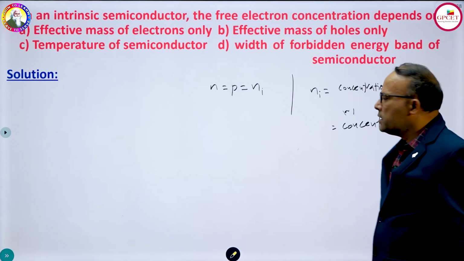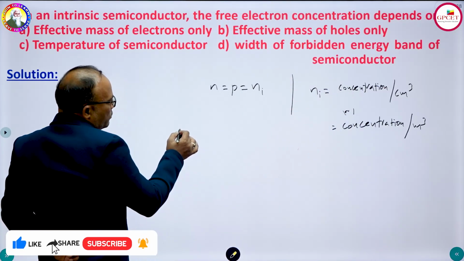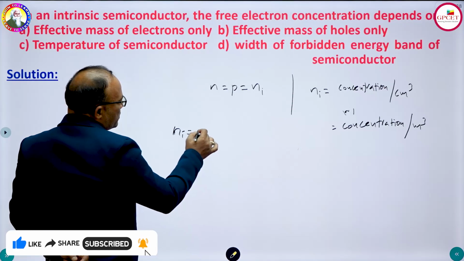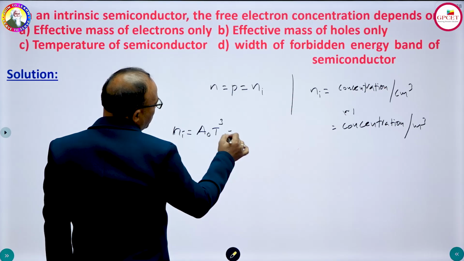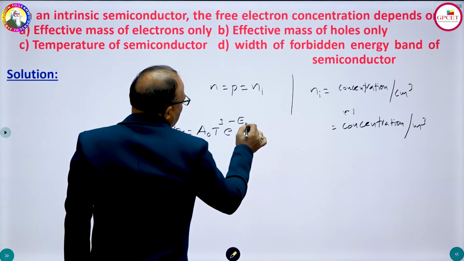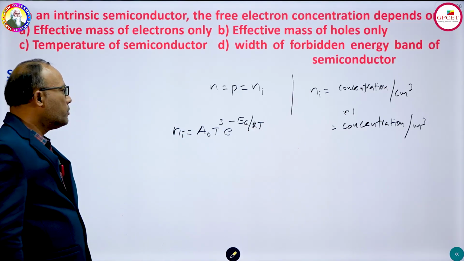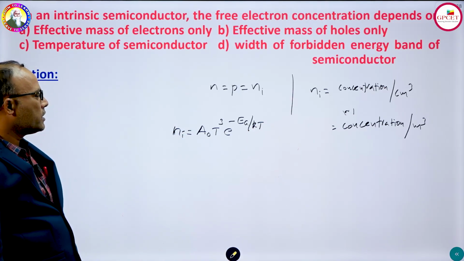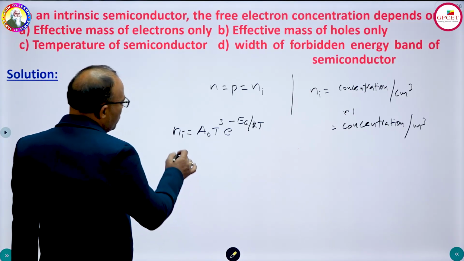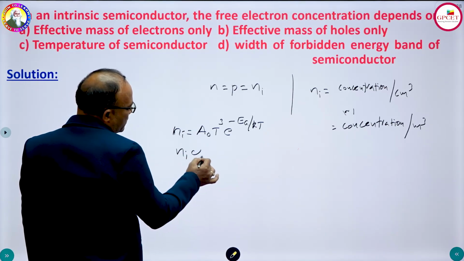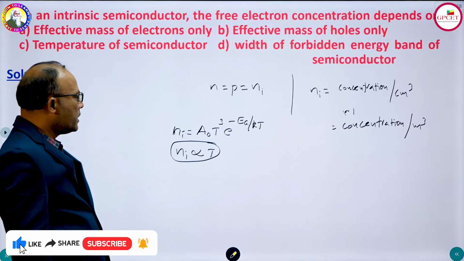Now, Ni can also be written with a formula: Ni is equal to A naught T cube e power minus Eg divided by Kt, where Eg is called the energy gap, A naught is a constant, and T is the temperature. So I can write that Ni is directly proportional to temperature T.